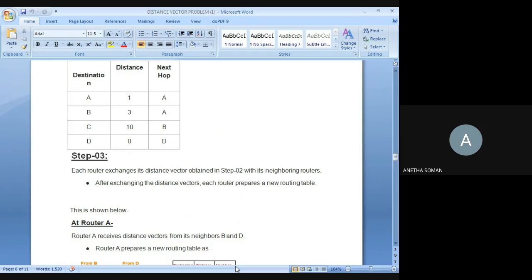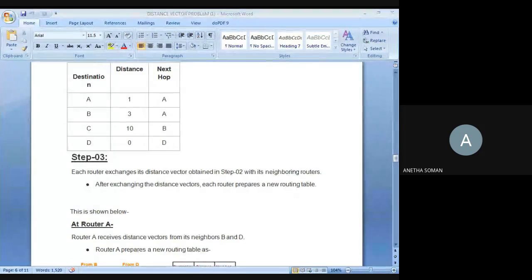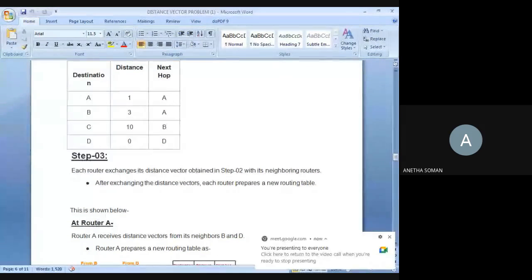Step 3: Each router exchanges its distance vector obtained in step 2 with its neighboring routers.